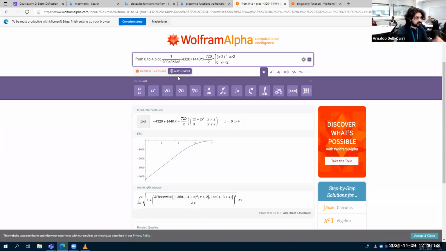Times 3E6, times this is x minus the x squared, times this one is changed sign, x squared times x squared, minus this, which is divided by 2.